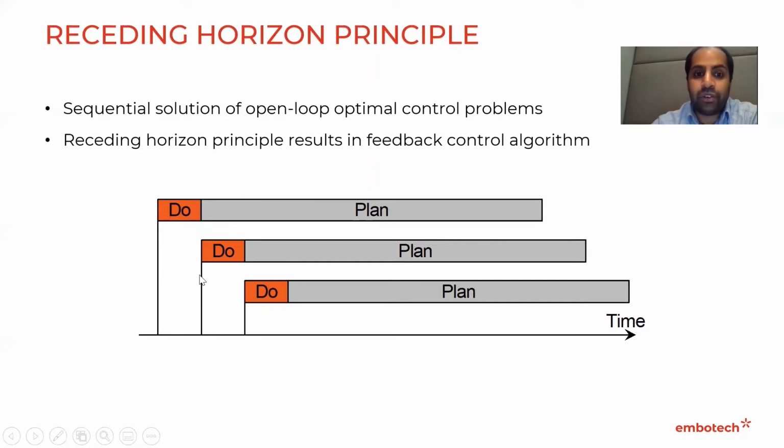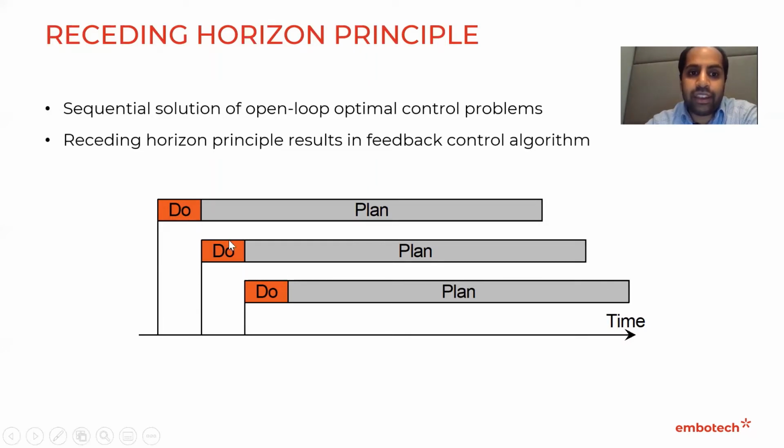Now here comes the receding horizon, because you shift this horizon, since you have evolved in time, and you plan again, apply again your first actions, discard the planning again, and do it over and over again. Because you shift this horizon, it's called the receding horizon principle.